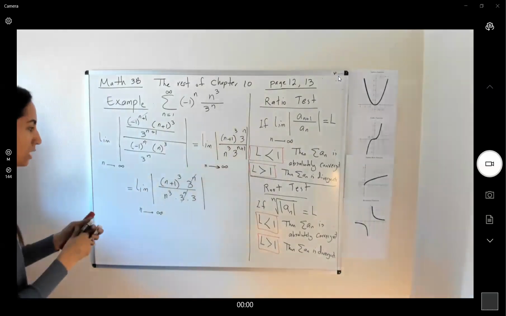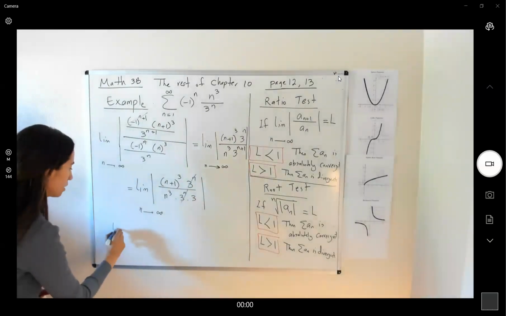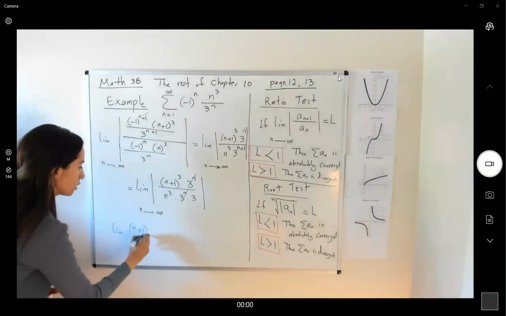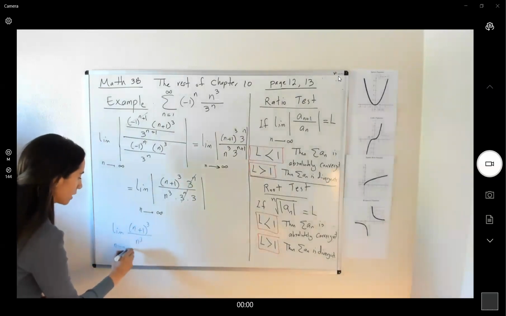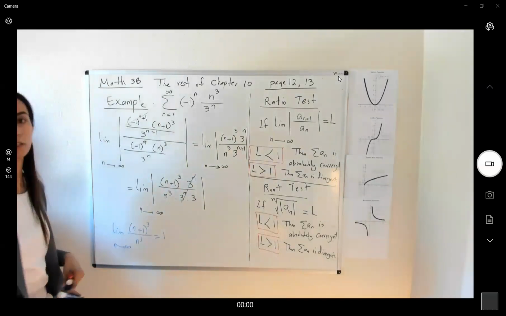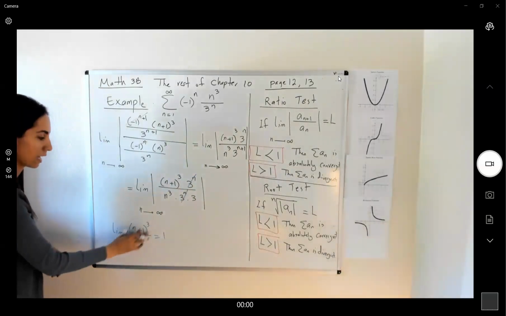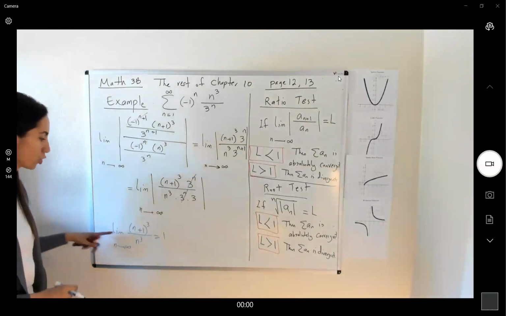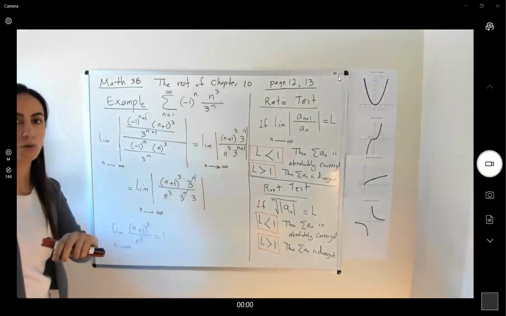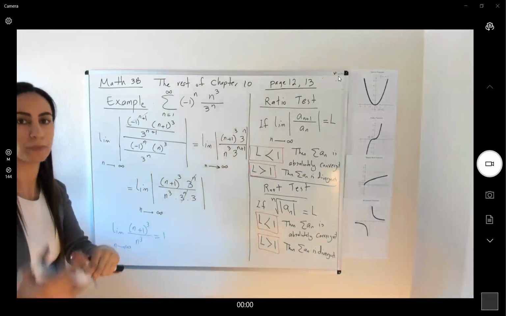Note that the limit of n plus 1 to the third divided by n to the third, as n goes to infinity, is equal to 1. They have the exact same degree, so they go to infinity at the same speed.